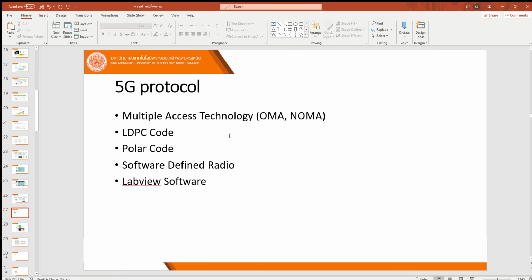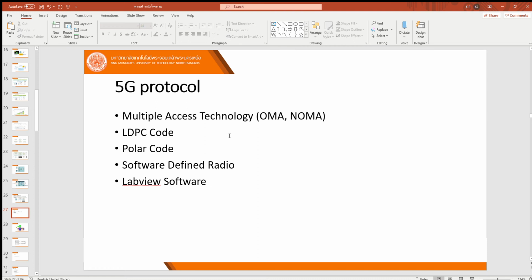Another one is the 5G protocol. For the 5G protocol, we talk about the radio unit. For the radio unit, you have multiple access technologies. So normally you use OMA, but for 5G in the future, there is a trend to go for NOMA, which we will talk about in the next slide.